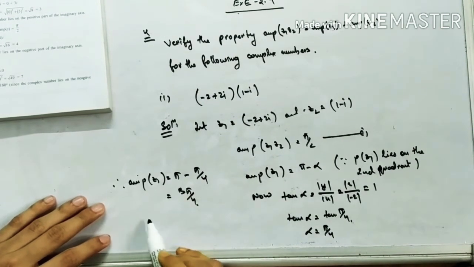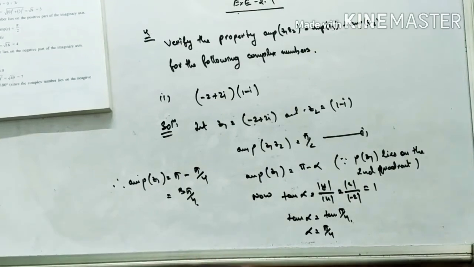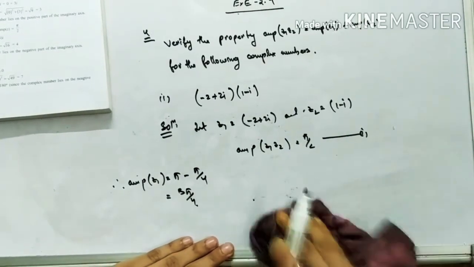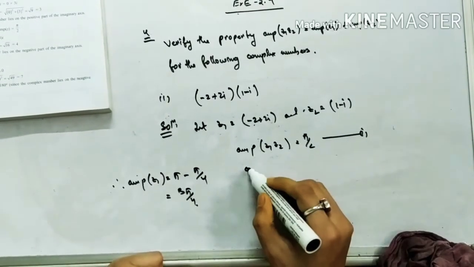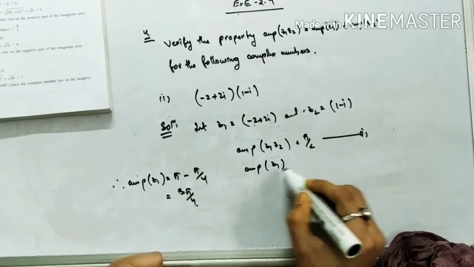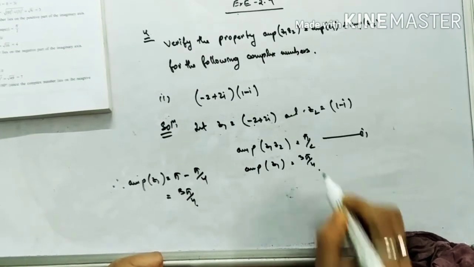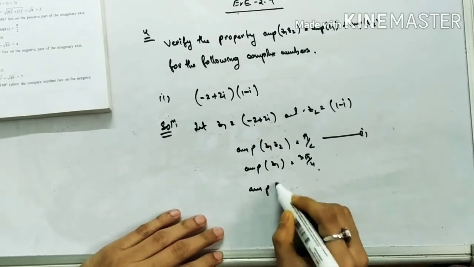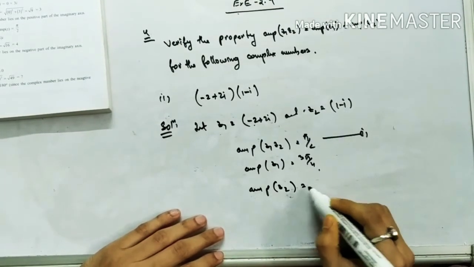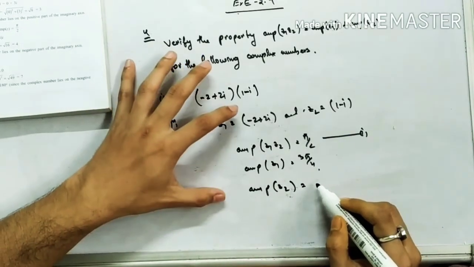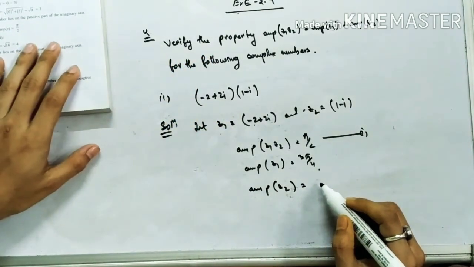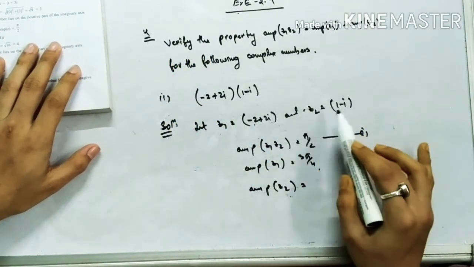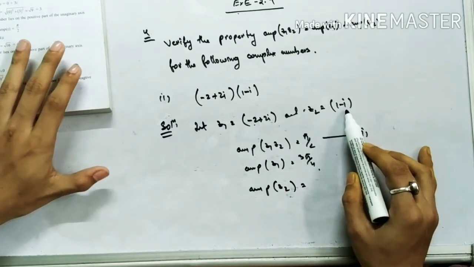Now I write here amplitude z1 is equal to 3 pi by 4. Done. Next I will find amplitude z2. You see, this is 1 minus i.